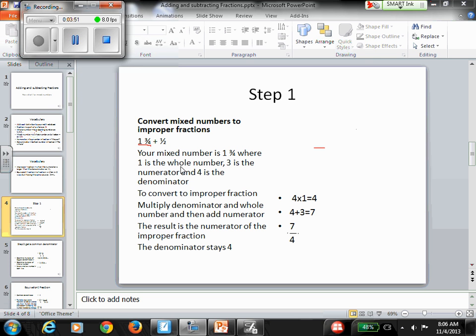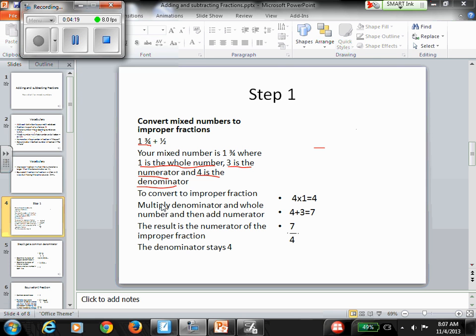So the first thing we're going to do is change this mixed number, which is 1 3/4, into an improper fraction. So if you look at this, 1 is our whole number, 3 is the numerator, and 4 is the denominator.